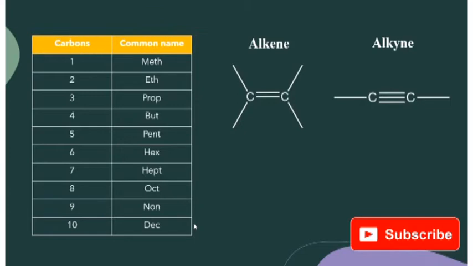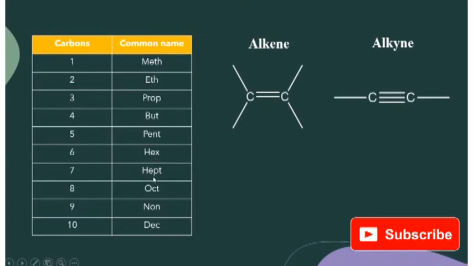So if one carbon is there, then we say meth. For two carbons, the parent name starts with eth. For three carbons, it is prop. If the molecule contains four carbons, then what will be the name? But. For five carbons, pent. For six carbons, hex.